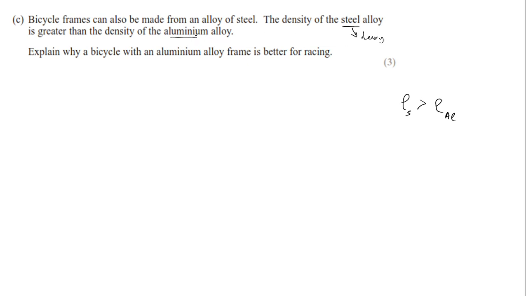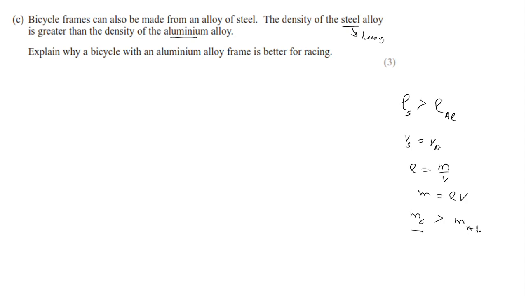We are using both of them for the same bicycle, so the volume of aluminium and steel will be the same. As per formula, density is equal to mass over volume, so mass is equal to density into volume. So the mass of the steel is greater than the mass of the aluminium.